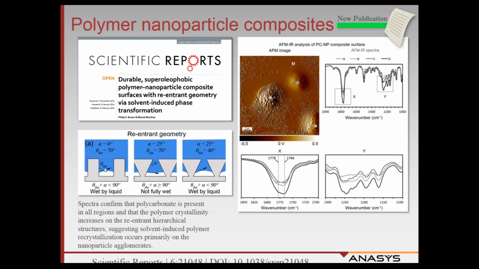And as a result of that, they can control, or at least impact, the amount of crystallinity in the polymer. And so by using AFMIR and looking at the spectra, they can get indications of the degree of crystallinity in these nanocomposites.